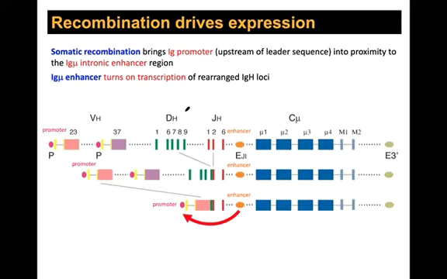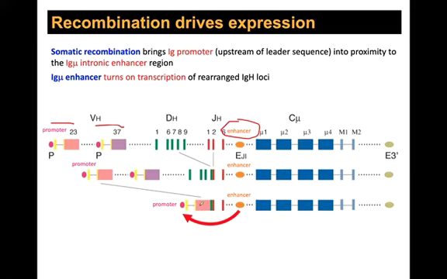Now how is it testing this, right? You've now recombined this, and now you need to test if there is actually something on the surface. The way this works is that there is an enhancer that's downstream of the J gene segment. And so it has a promoter with each of the variable region gene segments, but there's no enhancer, and so the expression is not turned on.